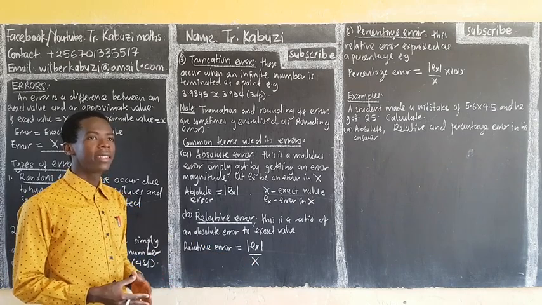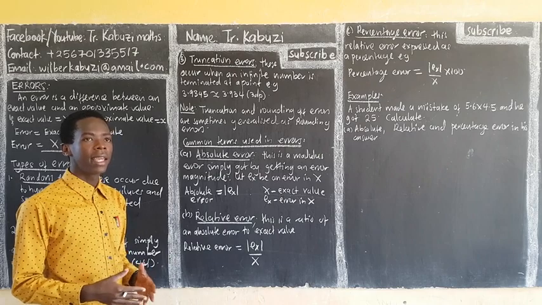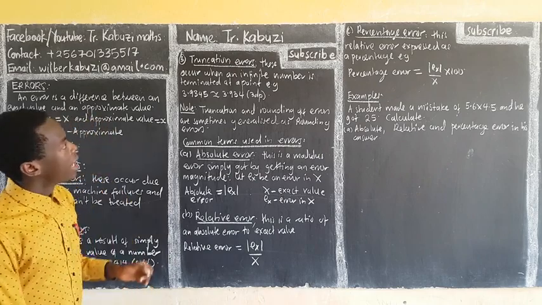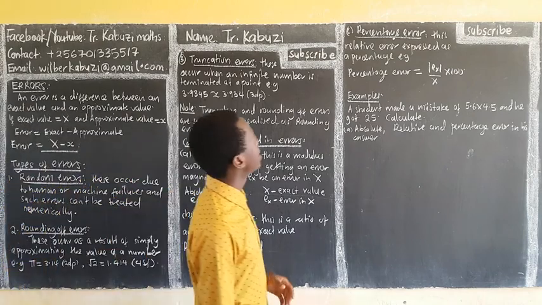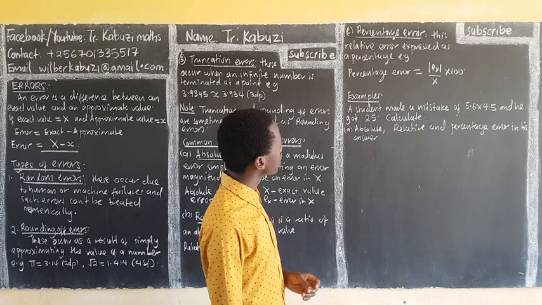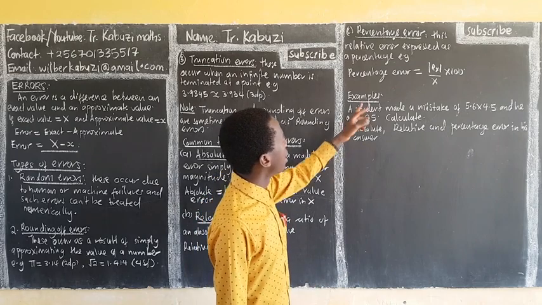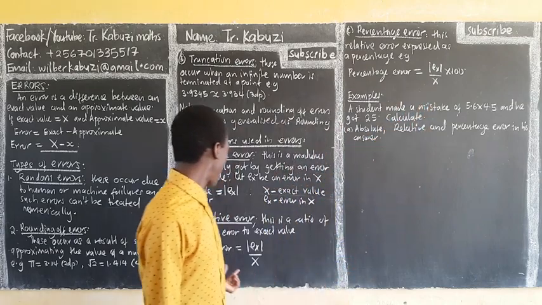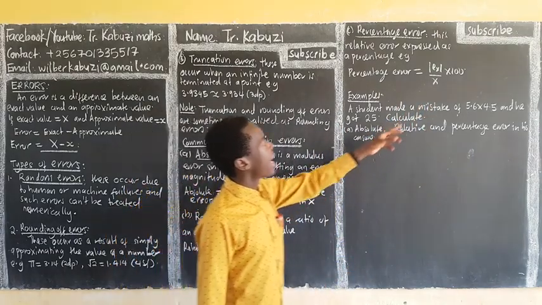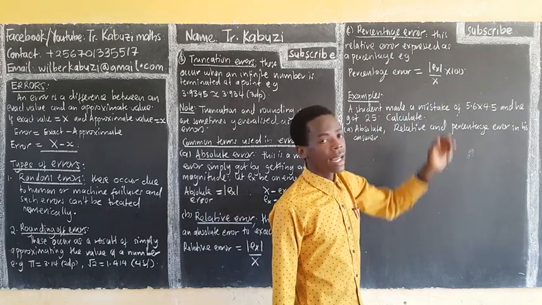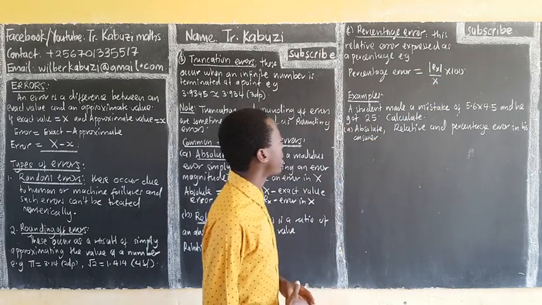If you don't have the exact value, sometimes you use the other approximate value. Then the percentage error, this is the relative error expressed as a percentage. You get the absolute error over the exact, which gives the relative error, then times 100. That's how you get the percentage error.